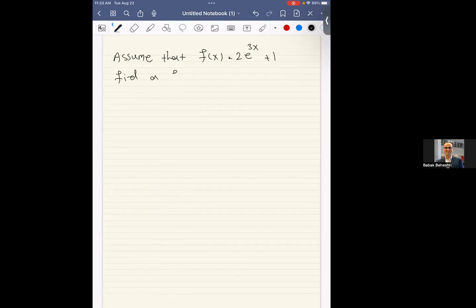Find the function g of x so that f o g of x equal to 3x minus 5 and g o f of x.